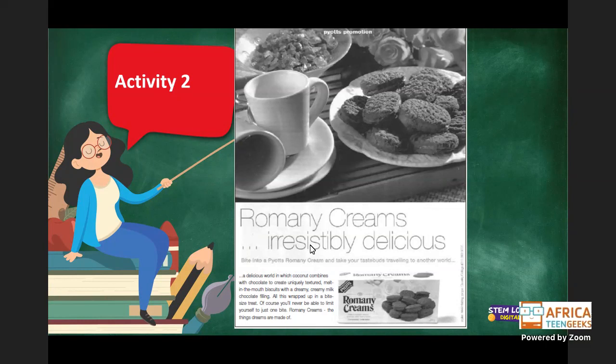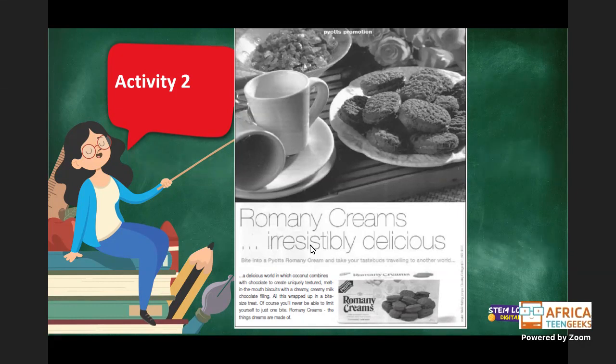The advertisement promises these biscuits are irresistibly delicious and that I will not be able to say no. Irresistible, you see? So analyze the use of words, analyze the picture as well. And then it says the milk chocolate filling tempts me as I love chocolate, for example. And there is a promise that these biscuits have a unique taste and this will tempt me to buy them, you see.